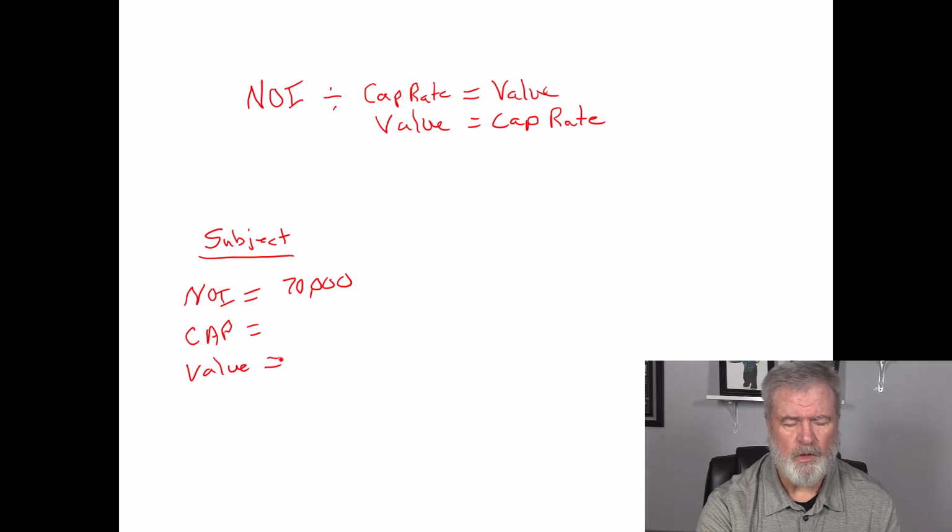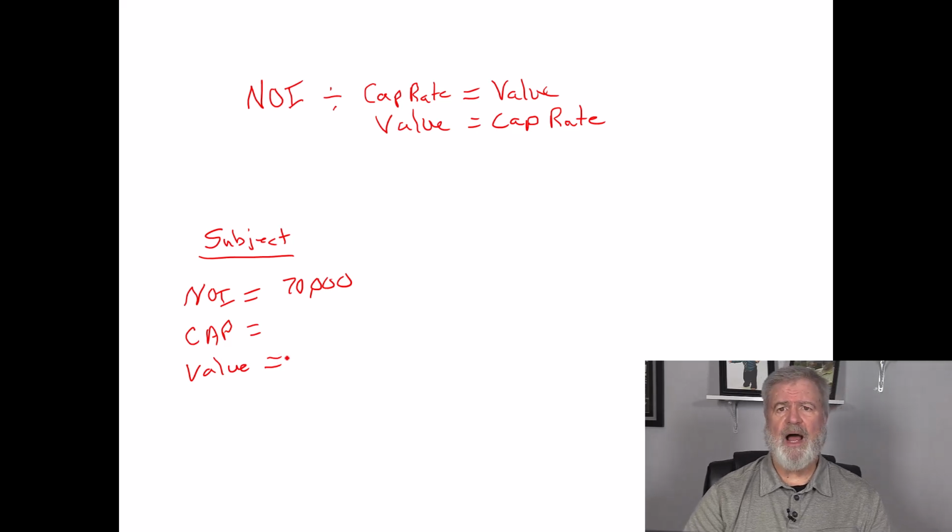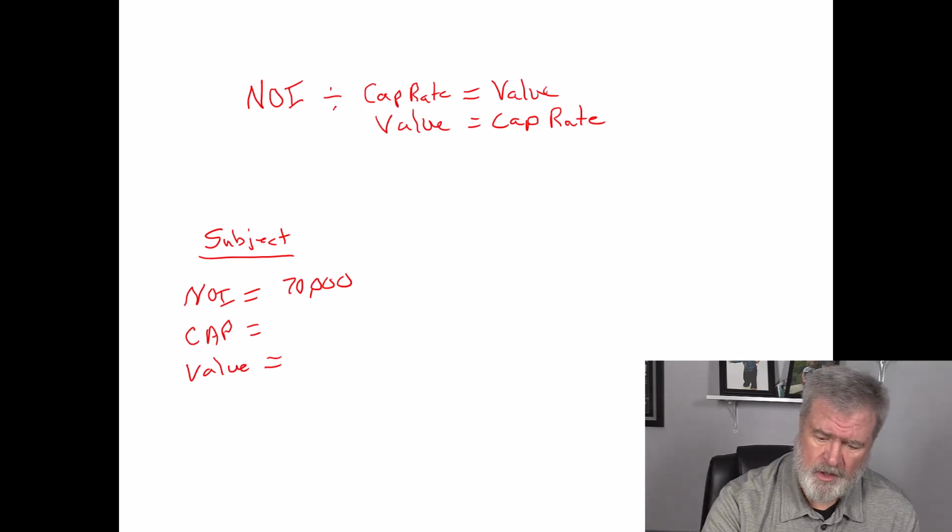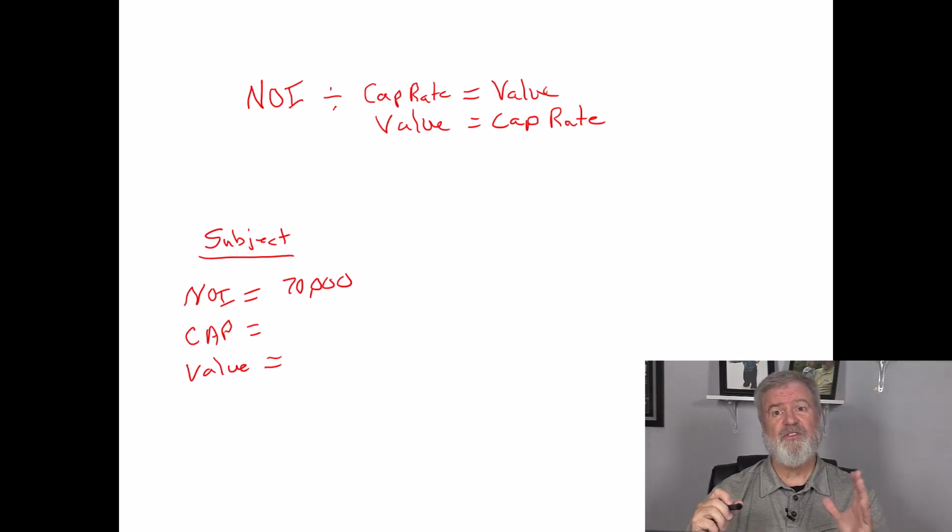Okay? So how do I figure out the cap rate? Where am I going to get that from? Well, pretty easy. Very similar to the sales comparison approach, I'm now going to look for comparable properties. Similar properties, at least 3, but maybe 3, 5, 6, something like that, that have recently sold.